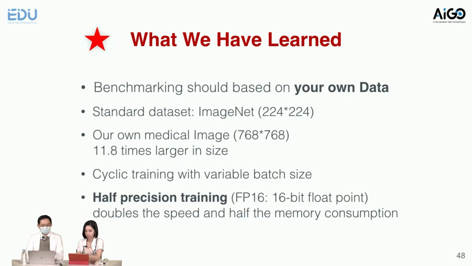The advantage of using half precision is to double the speed and halve the memory consumption. It means you can save a lot of time and money. You can use less expensive hardware to achieve the same performance as others.